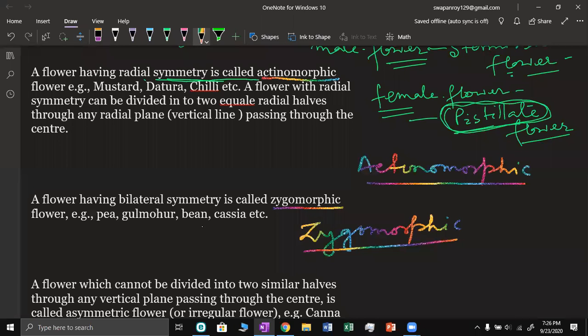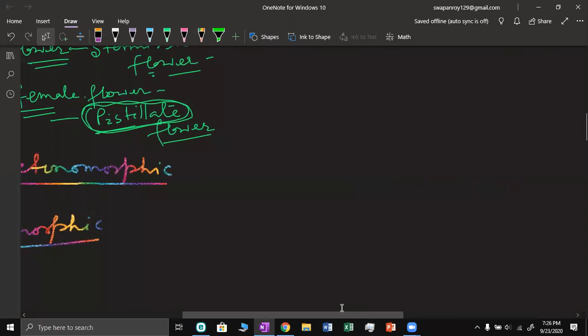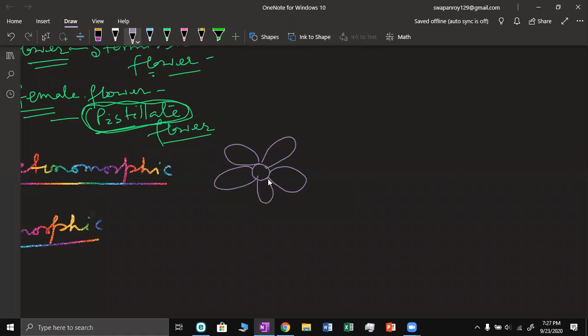Say a flower is like this, and it can be divided into two equal halves from any side, into two similar halves.